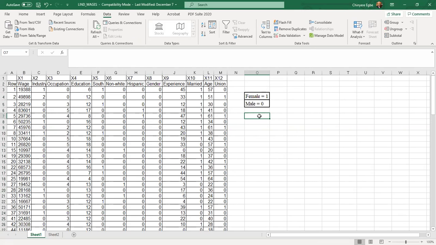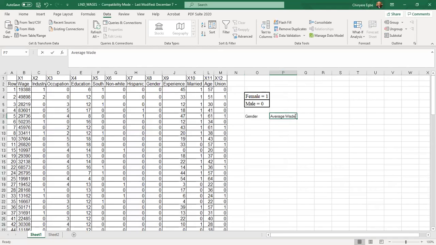You can now say gender, average wage, standard deviation.